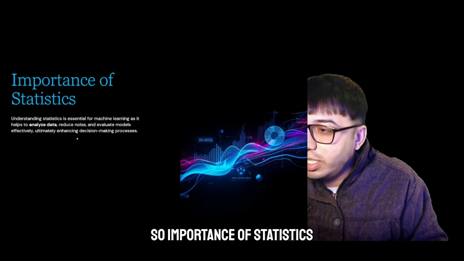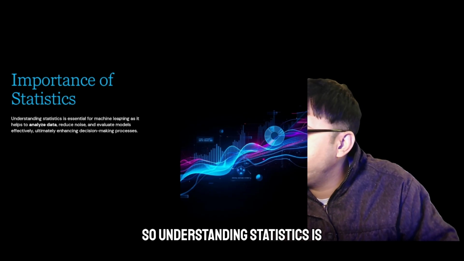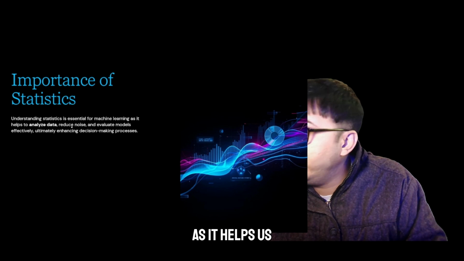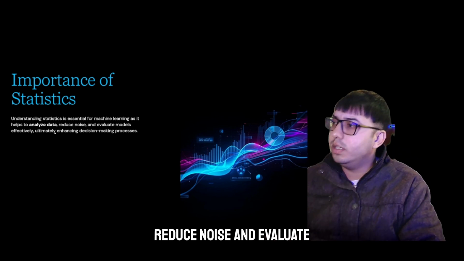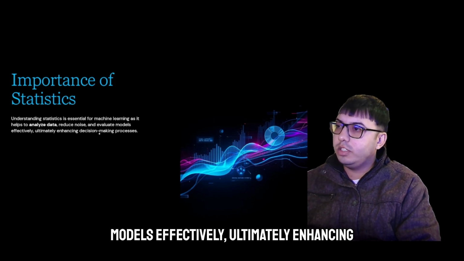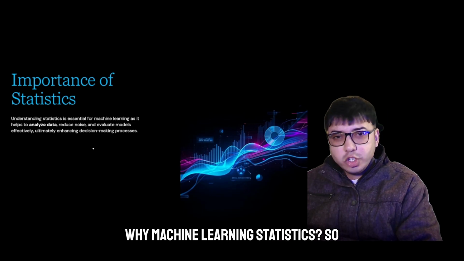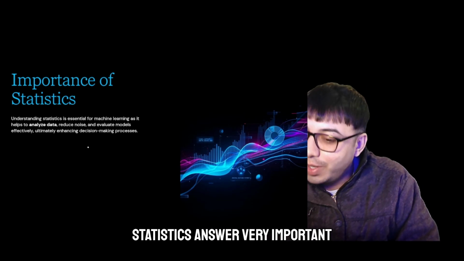So, importance of statistics. Understanding statistics is essential for machine learning as it helps us analyze data, reduce noise and evaluate models effectively, ultimately enhancing the decision making process. So why statistics for machine learning? Statistics answer very important questions.